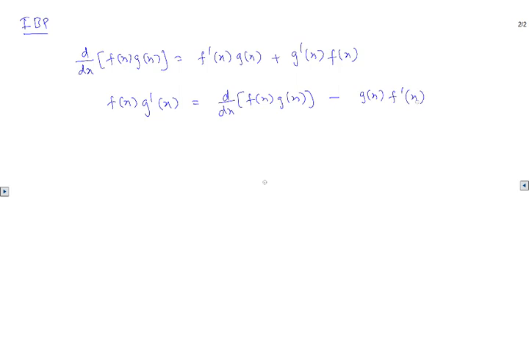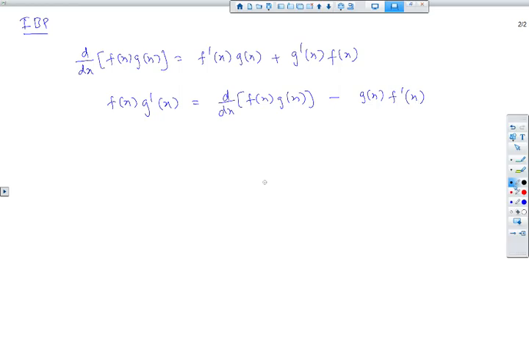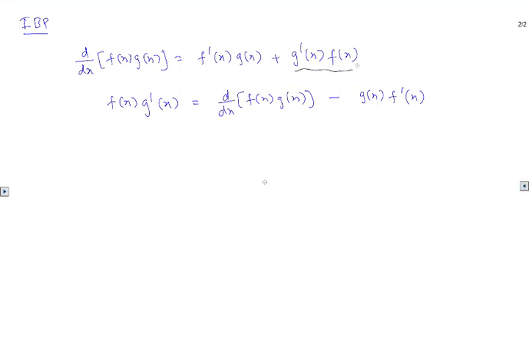I'm going to solve for this term: f(x) g prime x equals the derivative of the product minus the other term. Now we're going to integrate both sides. If you integrate both sides, you get the integral of f(x) g prime x dx, and then we can integrate the derivative of f(x) g(x) dx, and then minus, we can integrate this one as well.